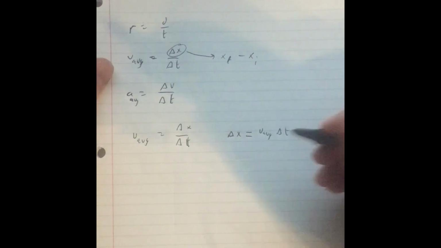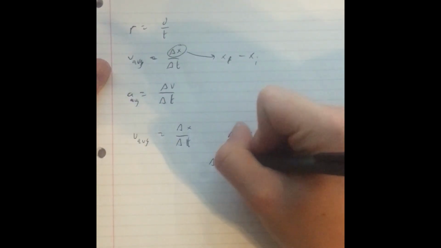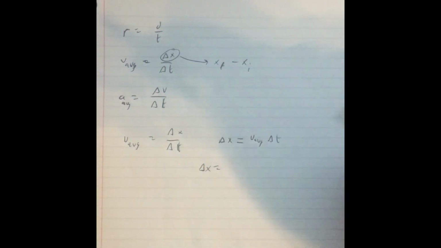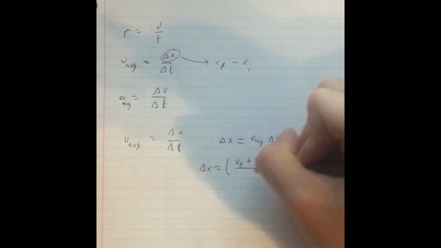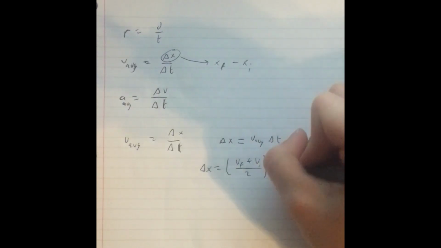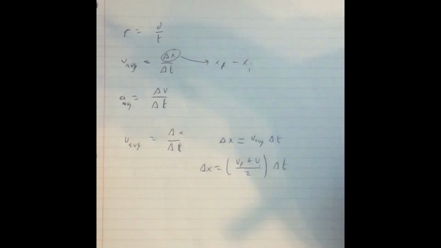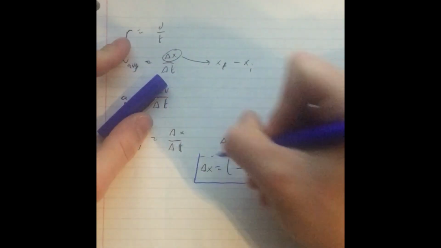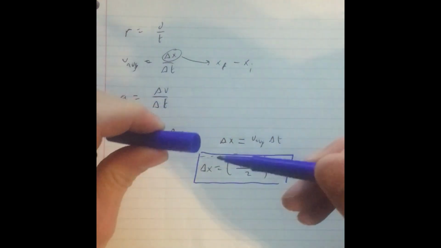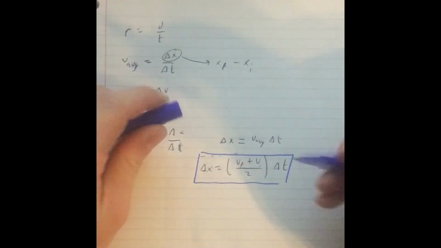And average velocity, if you've done your algebra homework, will just be final velocity plus initial velocity divided by 2. And then we multiply by time. So this is going to be kinematics equation 1. I should write 1.